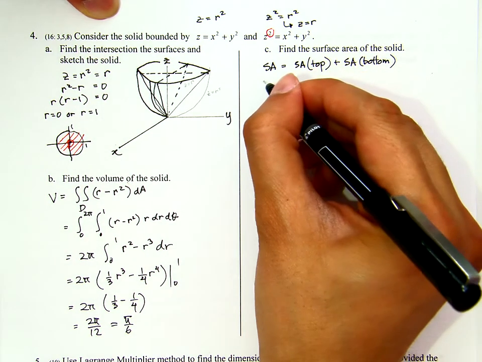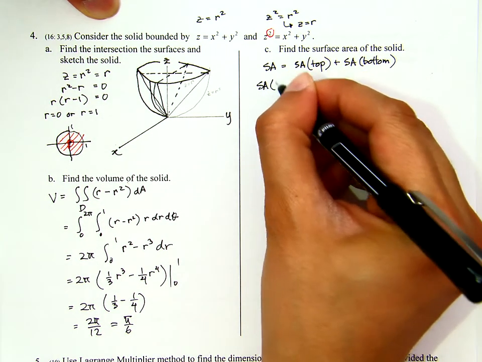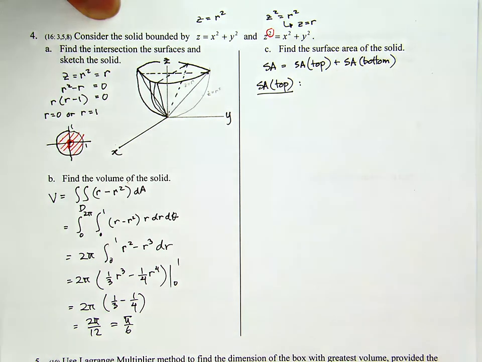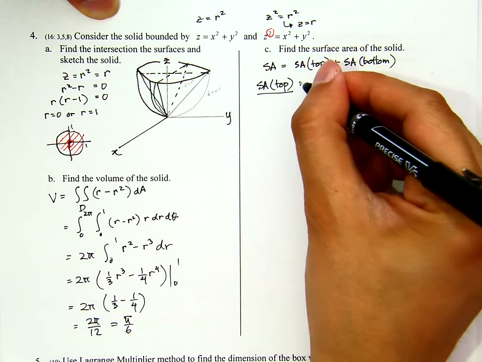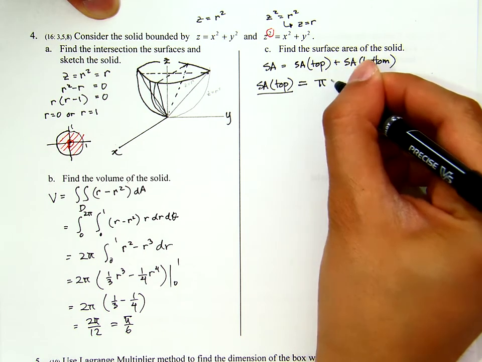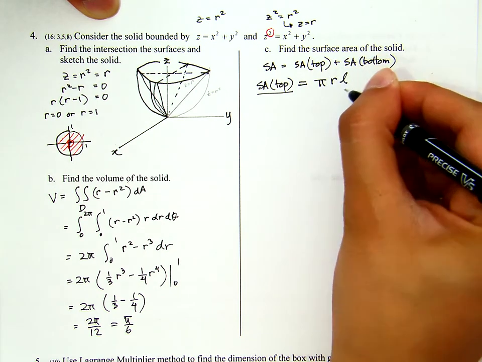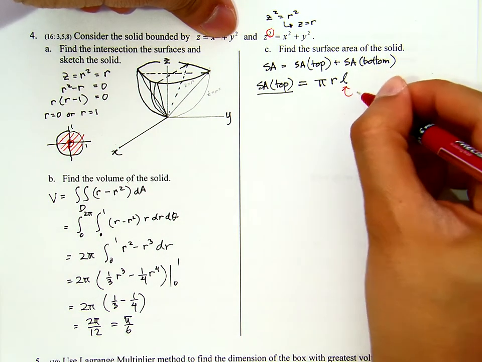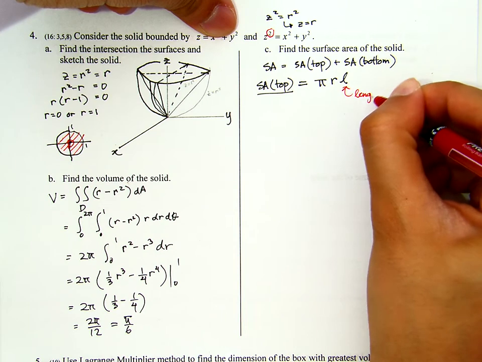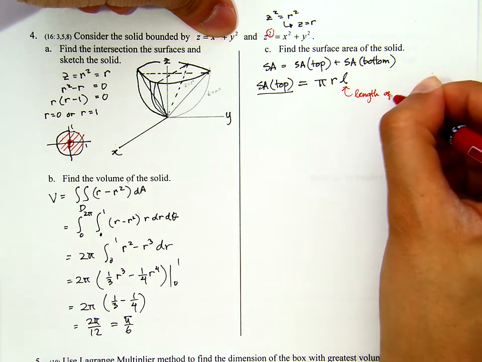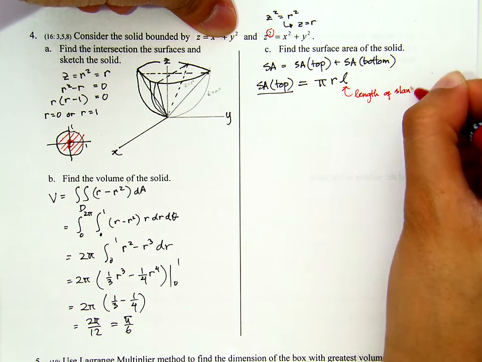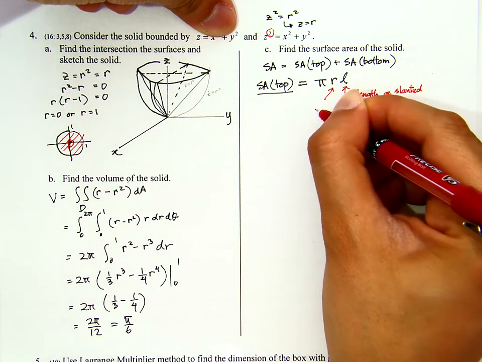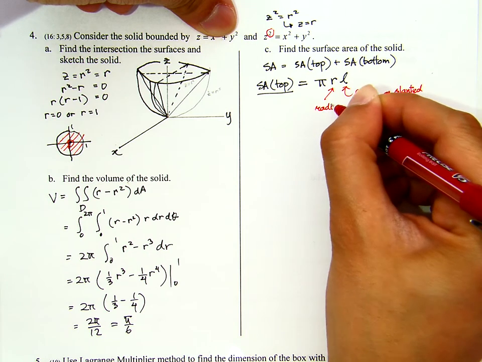Okay, now the surface area on the top, remember that's a cone, the lateral area of the cone, and we know that equals pi r L, where L is the length of the slant. And the r here is the radius of the base.